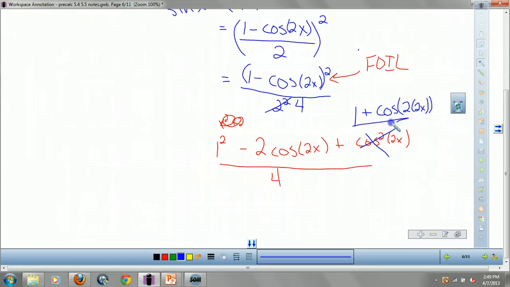All over 2. Okay? So I actually get 1 minus 2 cosine of 2x.